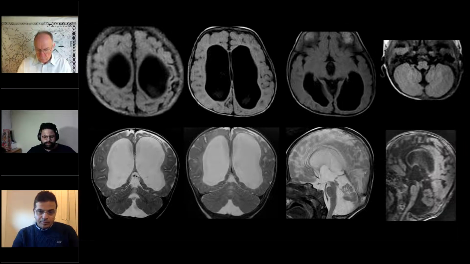This vermis change, is this secondary to fourth ventricular dilatation, or how do we explain that? You mean the flattening of the vermis? Vermis signal change. There is some hyperintensity in the coronals. Or is this an artifact? No, it is real, but I'm thinking, is it gliotic changes because of the atrophy also?